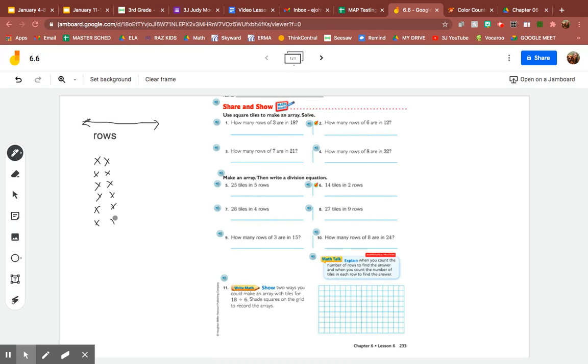That's not the best array because it's a little hard to do on the computer, but that is what an array is. So that's 6 rows of 2.